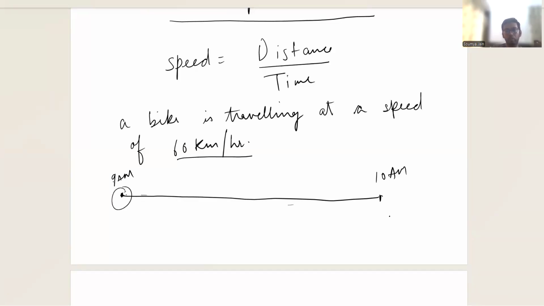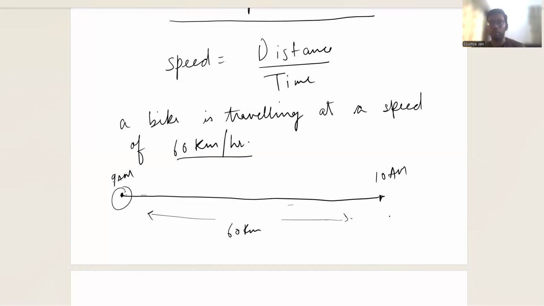This is the starting point. So he would be here after 1 hour, which is at 10 a.m. This distance that the rider has traveled is 60 kilometers. This is what speed means. When I say 60 kilometer per hour, it means that in a span of 1 hour, the person travels 60 kilometers.